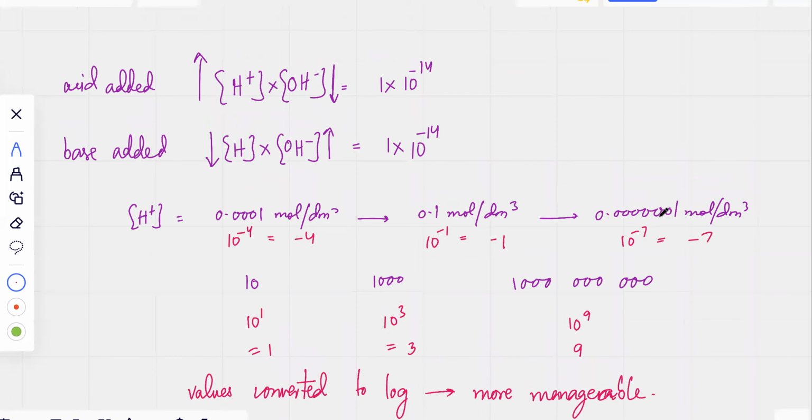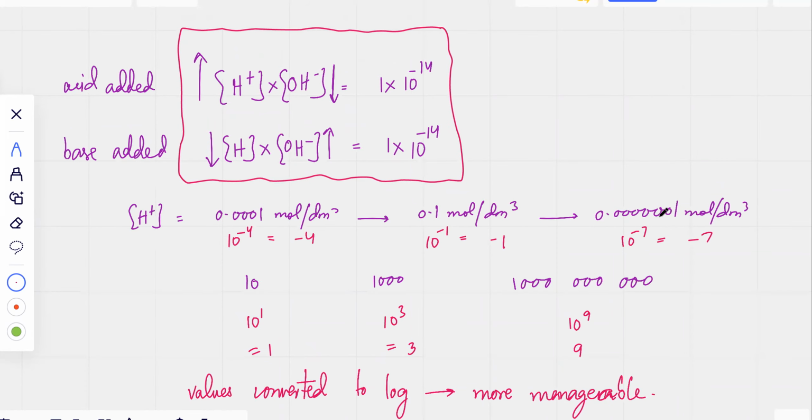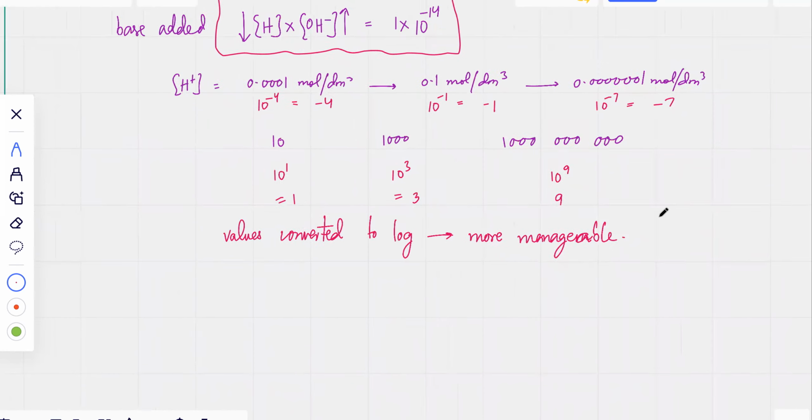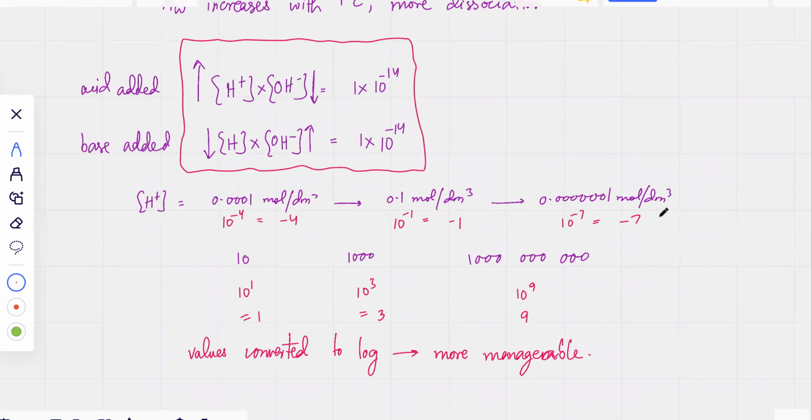So remember, our whole point was that we were trying to track the H+1 concentration. But I'm not going to track the H+1 concentration directly, because the value might be too small or too big. I'm going to track the log of that value.